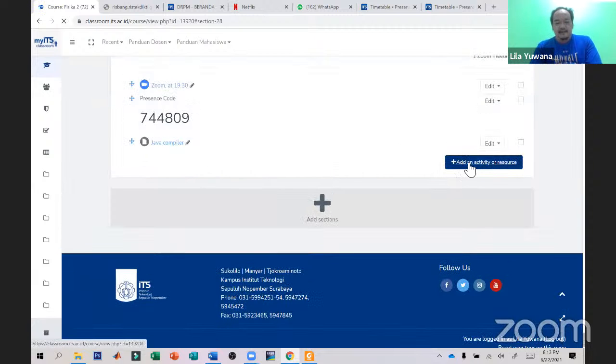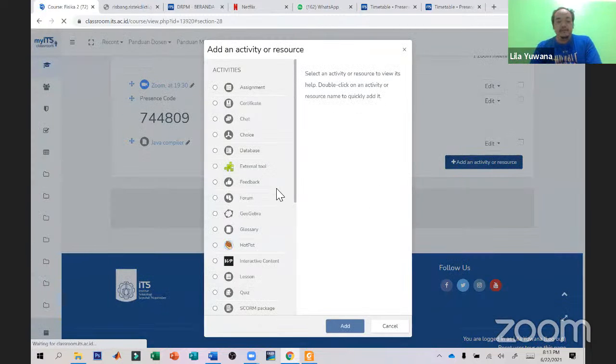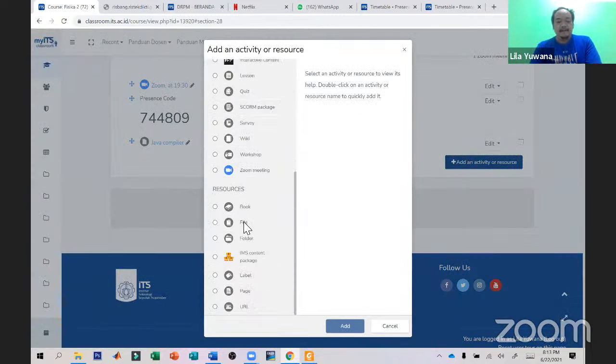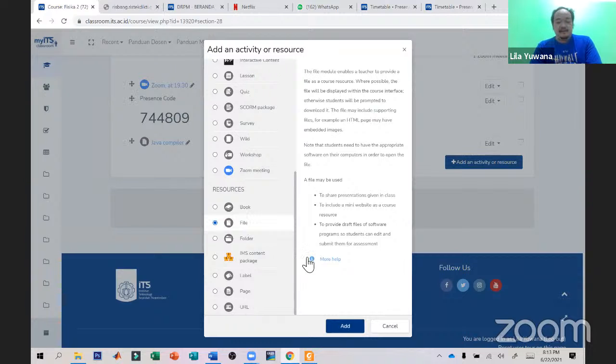And then the second one is the simulation itself, the electric circuit simulation.